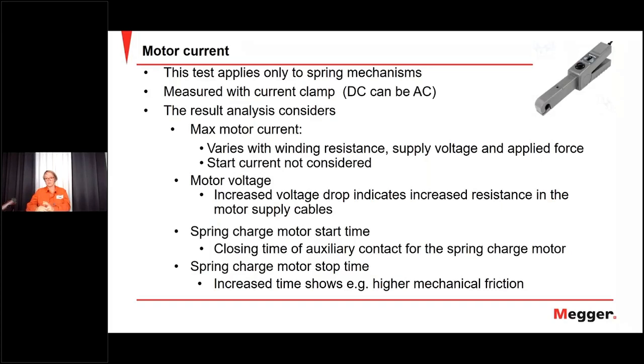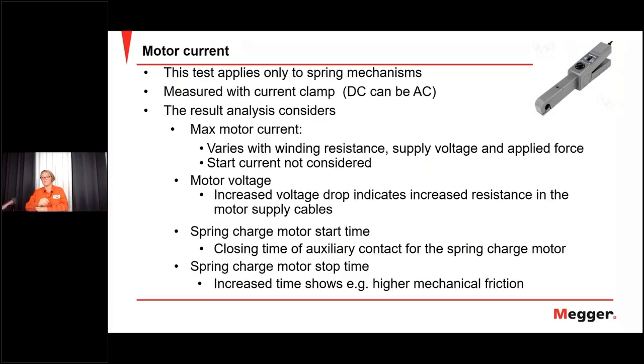And motor voltage, also that you look at, and the spring charge motor start time, the closing time of the auxiliary contact for the spring charge motor, and also the stop time. So with increased time, you have a higher mechanical friction.